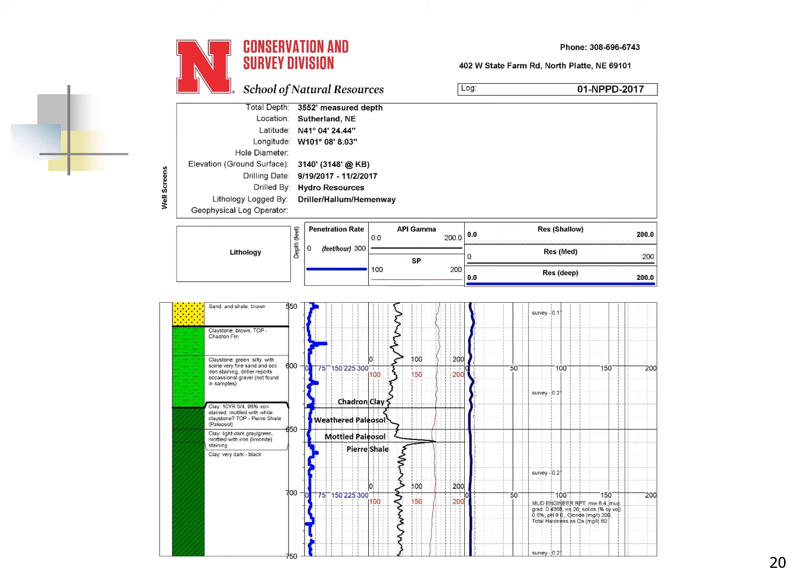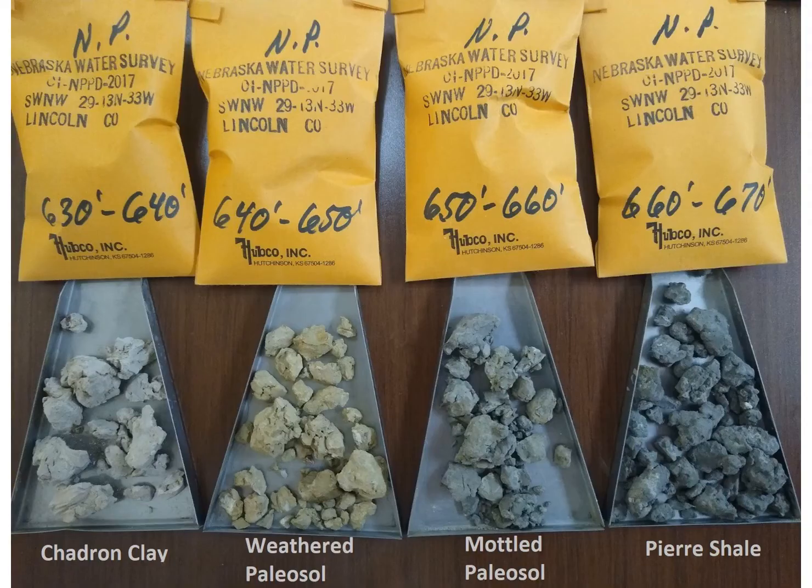Now the colors on the left-hand side are not due to the actual color of the formation. They're assigned by RockWorks to certain lithologies. We'll look at the actual colors of this formation in the next slide. This is a slide showing the Chadron clay.